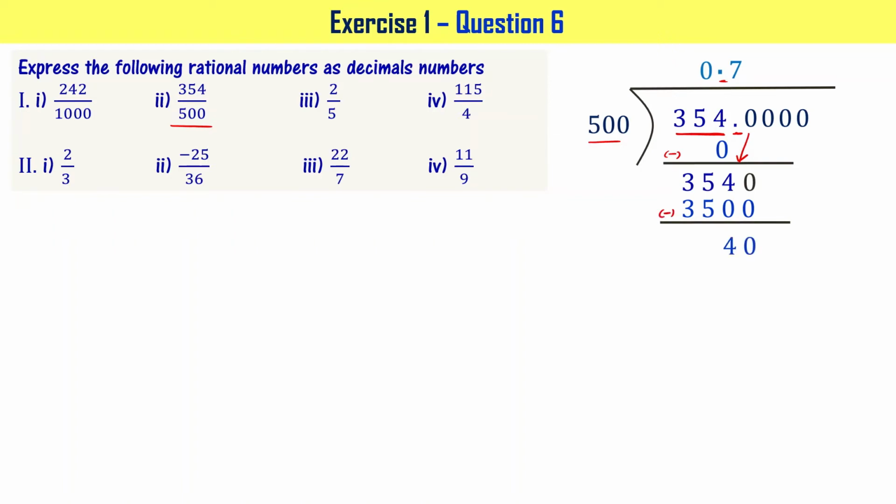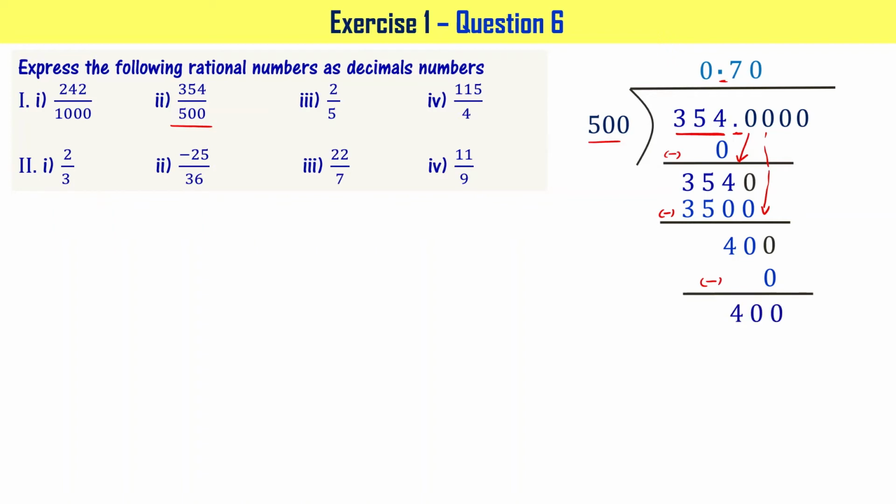Now let me bring this 0 down so that it has become 400. But 400 is smaller than 500, right? So what I'll do is I'll multiply 500 with 0 such that I can subtract 0 from 400. When I do that, I have 400 as the answer.